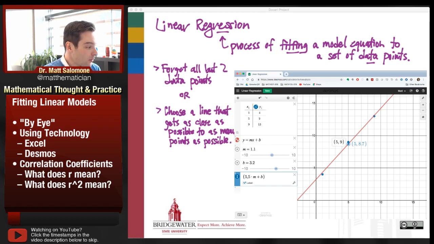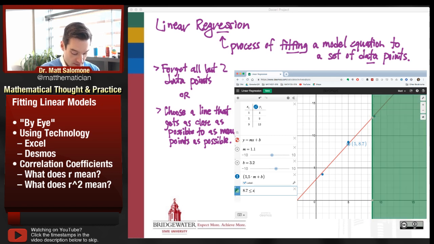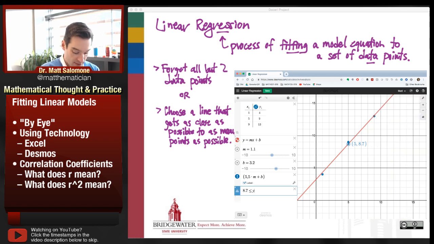And so along with that comes a measurement error of, let's see if I can do this, 8.7 less than or equal to y, less than or equal to 9, and then we're going to do this from x going from 5 to 5 plus 9 minus 8.7.